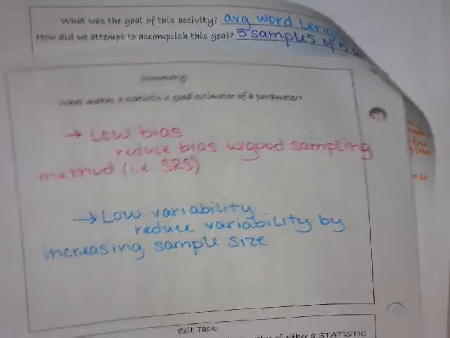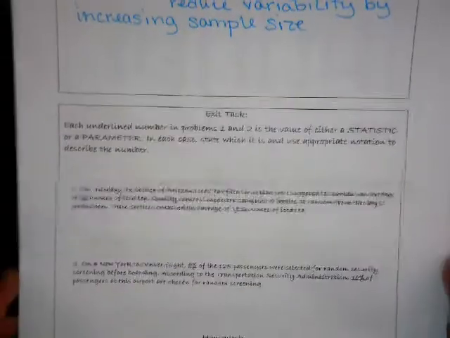Good thing it's Friday. Underlined numbers in each of the problems below, and it's either a statistic or a parameter. So we're going to figure out which one is the statistic, which one's the parameter, and then we're going to use the proper notation. Remember I told you, I like to color code. For statistics, if it's a mean we use x bar, if it's a proportion it's p hat.